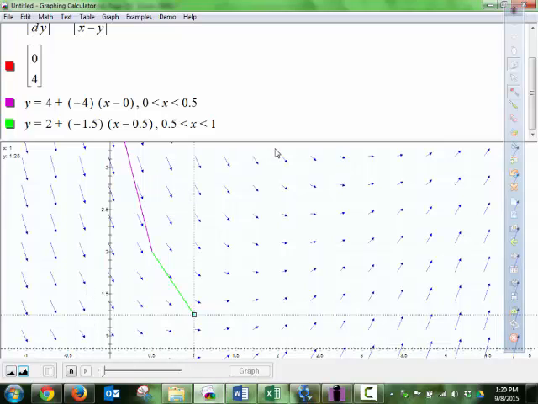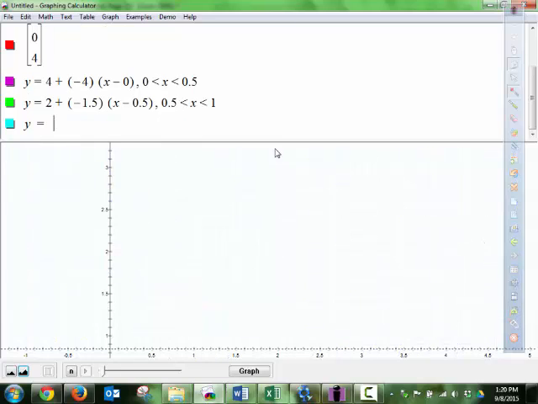Y equals 5 times e to the negative x plus x minus 1. Oh, 5e to the negative x, that looks like a transient term, right? As it goes off to infinity, it goes to 0.